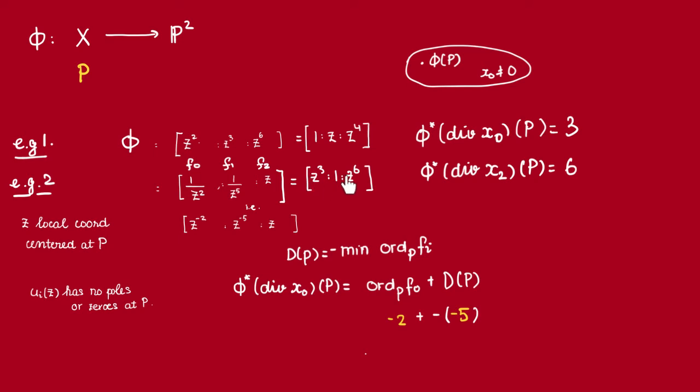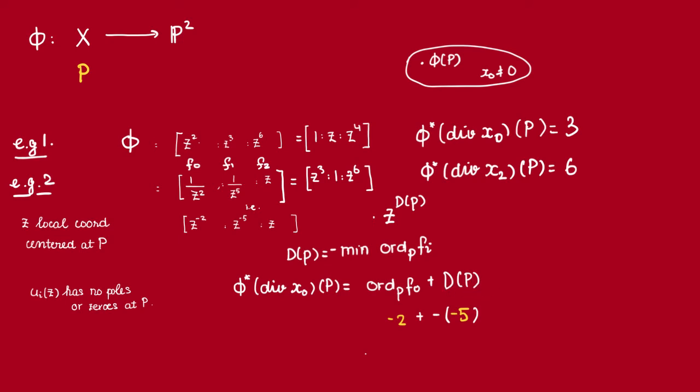But we got this good representative by dividing each of the fi by z to the power of the minimum order of vanishing at p of the fi. So in other words, we can also think of it as multiplying each of these fi by z to the dp. So to get this power, we just add the order of vanishing at p of each fi with this dp.